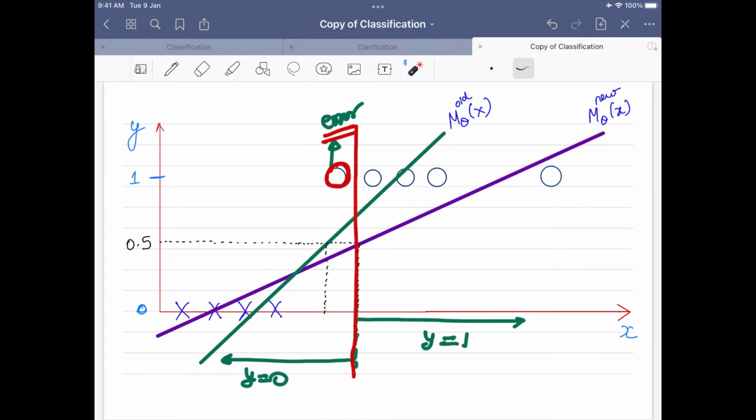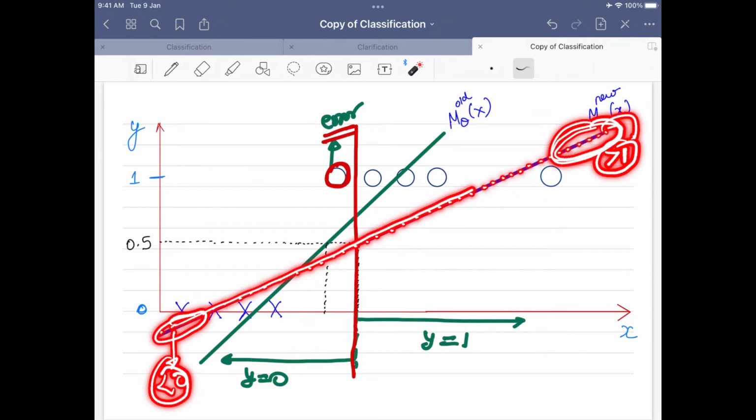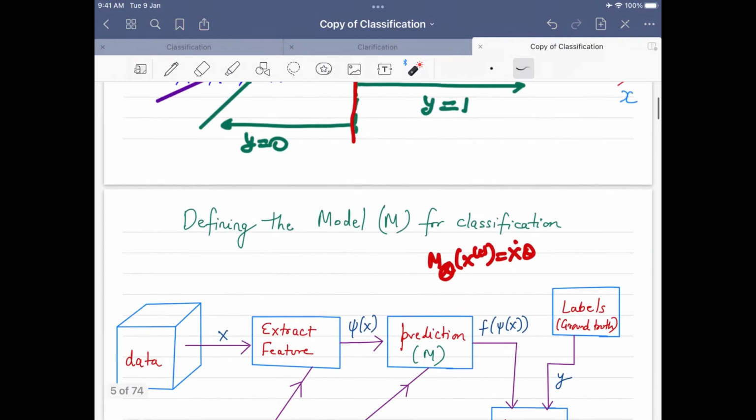All the points on this regression model are continuous, not discrete values, and they can go beyond 1 also. As you can see, all these points are going beyond 1, and these points are less than 0. So they are greater than 1 and less than 0, and they are also continuous. They are not discrete the way we wanted for the classification setting. So we want to address these issues.